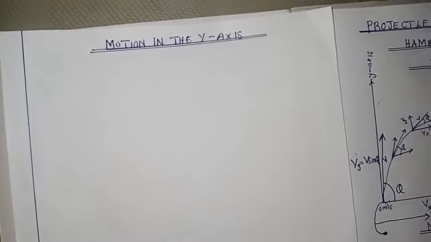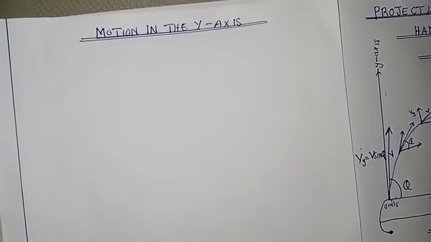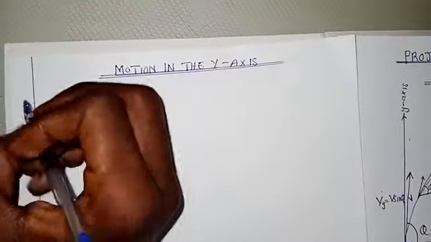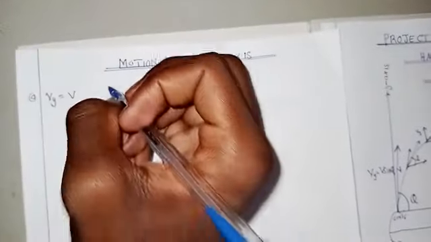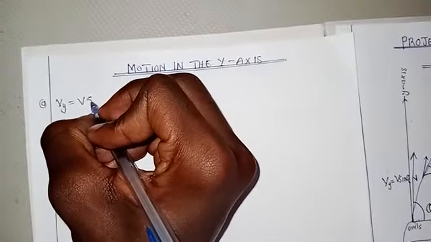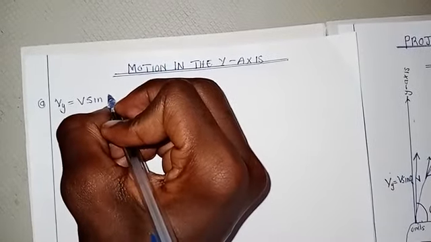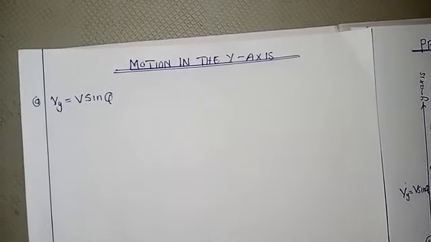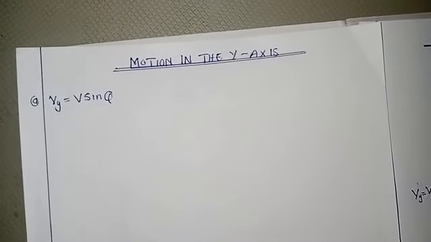All right, so for motion in the Y, if you want to find the Vy or the velocity component in the y-axis, already we know that the formula to use is simply Vy equal to the main velocity component, then sine theta, like this. Okay, sine theta, like that. It's quite easy.